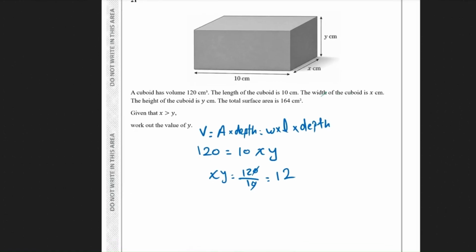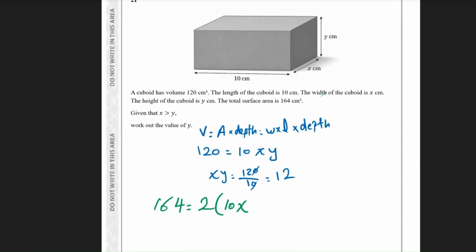Surface area here, which is 164, equals two sides, because a cuboid has six sides, each two having the same area, so we can say 2 and open the bracket. One of this area, bottom and top, is 10 times x, so take 10x.